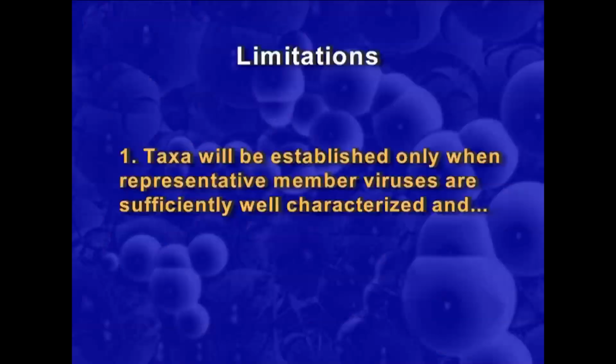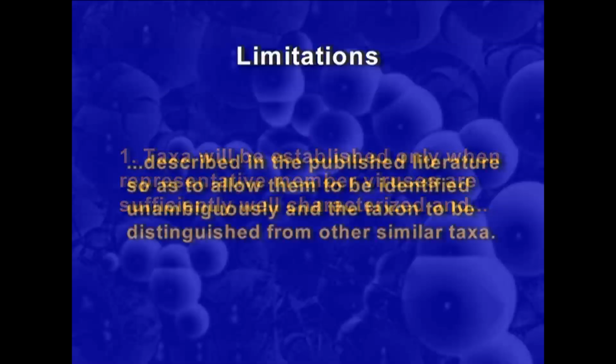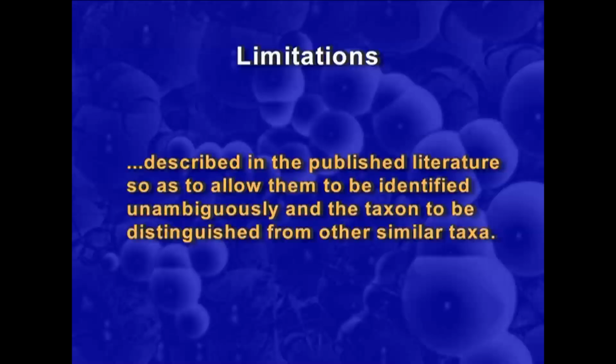Next we will be discussing the limitations of this ICTV classification. One major limitation of the ICTV approach is that viruses can be classified only when sufficient data is already present, meaning their characterization has been done perfectly and sufficient literature or journal publications exist in favor of the classification. Only then can they be placed into these taxonomic positions.